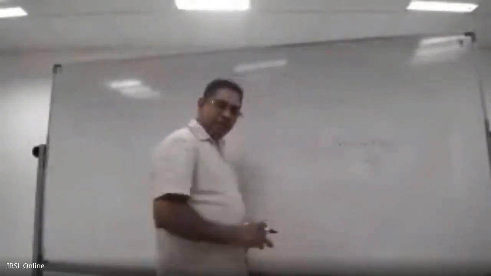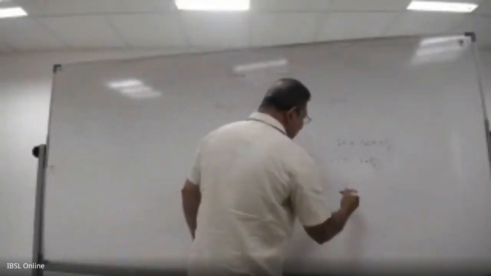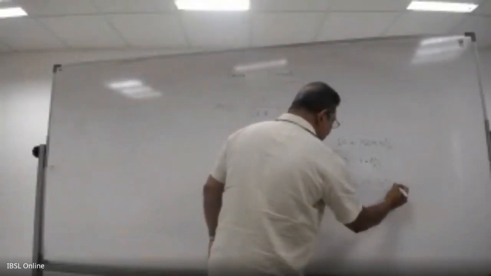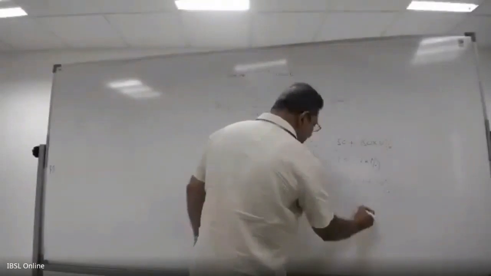In the numerator, 150 is common. I'll take the 150 out of the parentheses. There will be 1 plus 10%, and the denominator is 1 plus 1%.